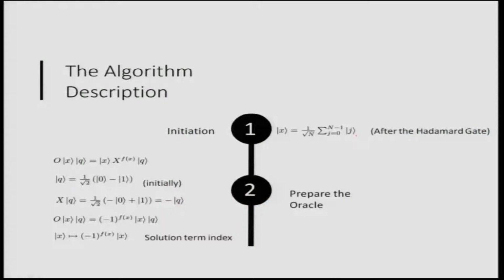So, the description of the algorithm is similar to what it has always been. It has the initialization step, which is essentially what is gotten after the Hadamard gate, with all the states being put as equal states.